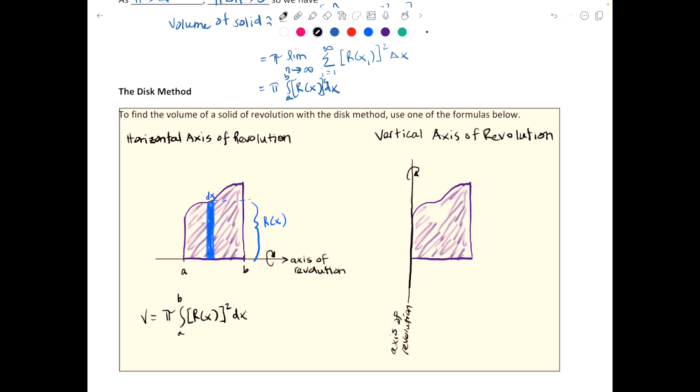And then our representative rectangle will be the other way. And then you'd be going from y equals c to y equals d, and then this here would be our dy.